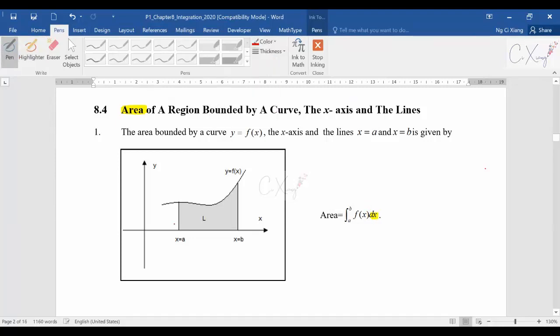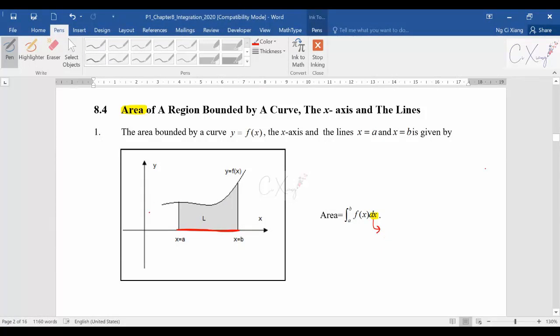If your area is mainly covered by the x-axis, then integrating with dx will generally be easier. Of course, this is generally not guaranteed for all questions, but generally you can apply this small tip.